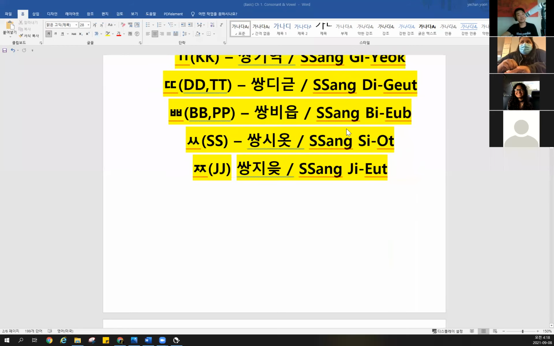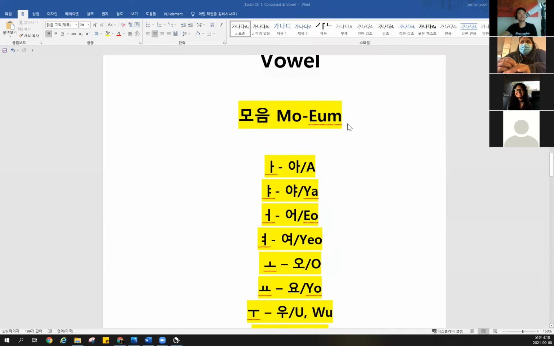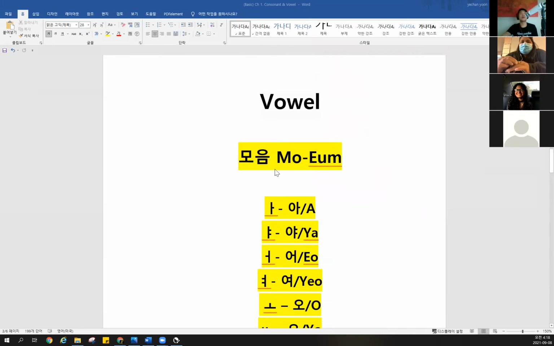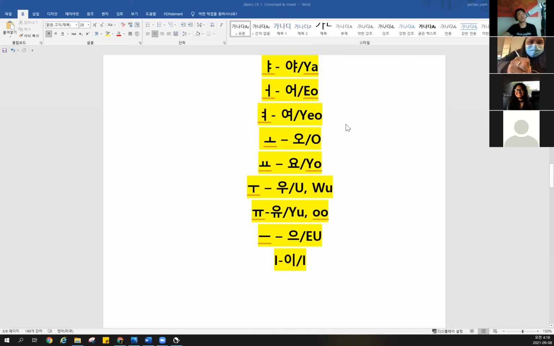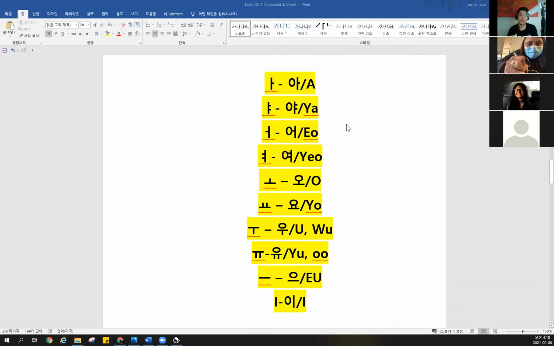Okay, and then we also have vowels, right? With the vowel, we can say 모음. For this one, all of these are things you actually have to memorize, everybody.